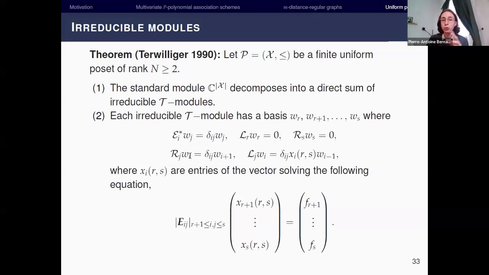Again, Rj on the vector Wj will just bring you to the vector Wj plus 1. It's still very much raising operators. There are only some coefficients arising in each module, and they are given by solving an equation. But here again, the idea is just that we have this combinatorial structure, we have this algebra, and we understand this algebra very well because we can decompose its standard module in irreducible modules for which we know the structure.